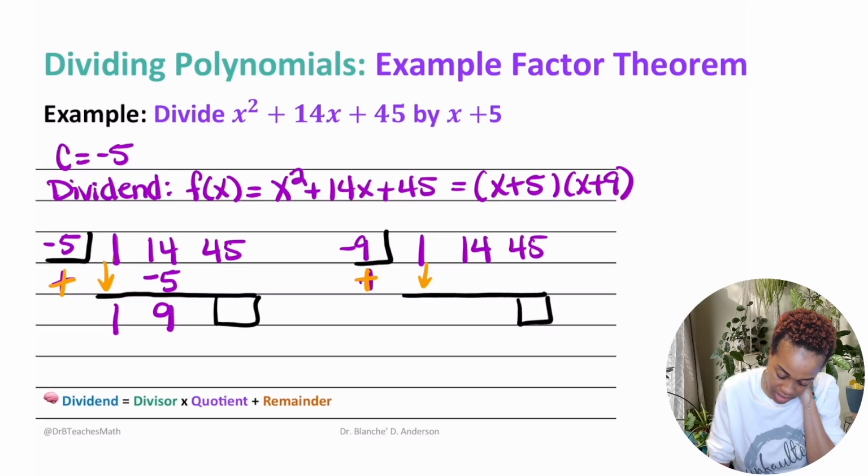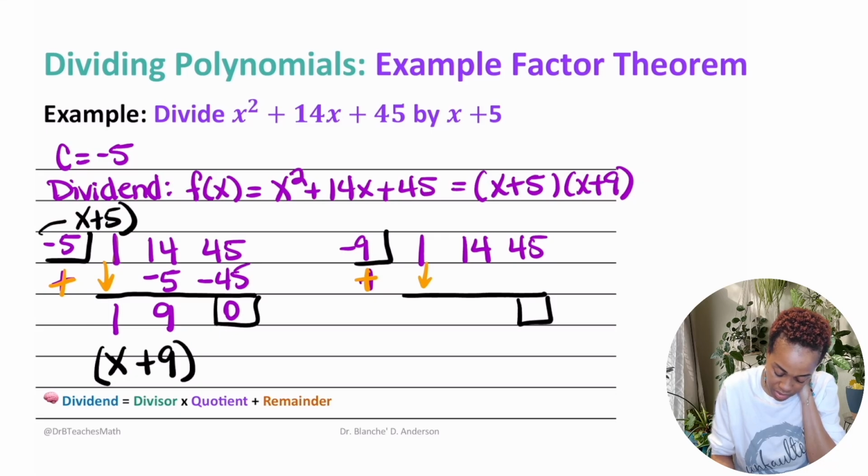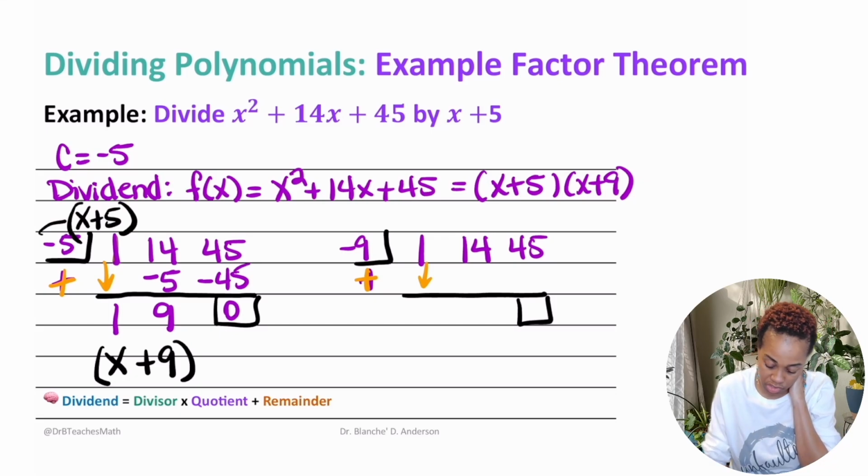And then 9 times -5 is going to be -45, and 45 plus -45 is going to be 0. And when we write this, we go down a level. So if my dividend starts with x squared, this needs to start with x. So when I rewrite this, this is going to be x plus 9, right? And we know that this is x plus 5, because that's what we started with.